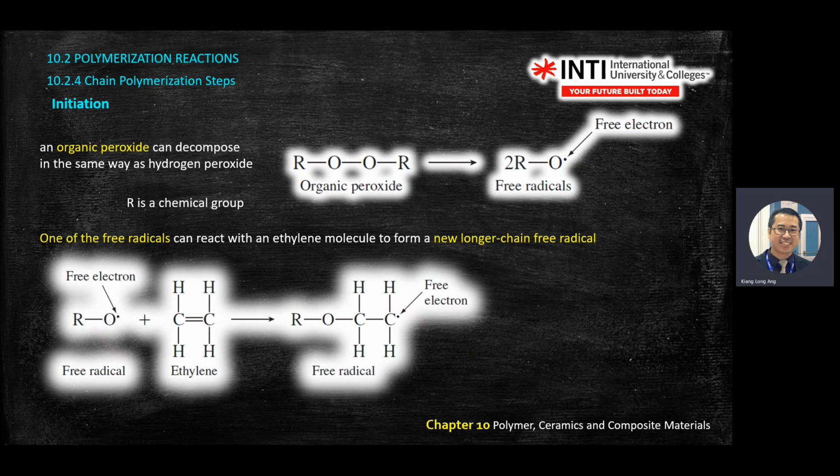So what does this free radical do? It is going to steal one of the electrons from the hydrocarbon, in this case ethylene. So the double bond breaks up, you share with O, so it becomes R-O-C, but the second carbon here will have one free electron there. Remember to include this small dot in your answer. Don't miss out this one.